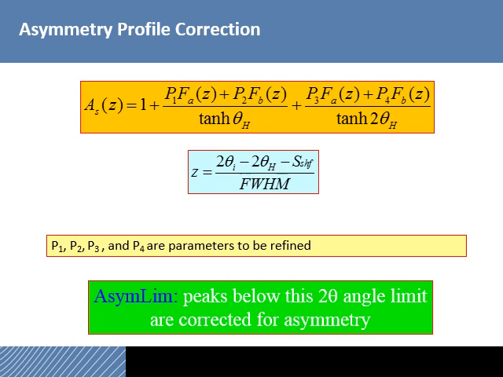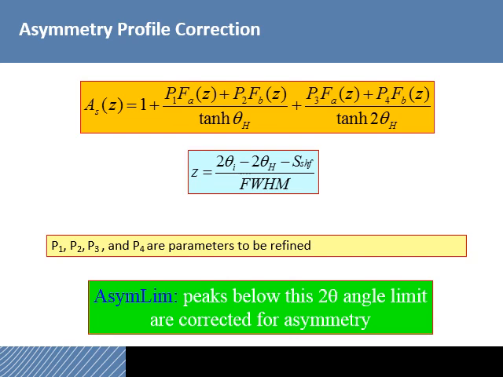I think we've previously shown that a diffraction pattern is a slice of the Debye rings. And when you're at very low 2 theta values, those Debye rings have a very, very small radius. And so when they pass through the slit, you get a substantial change in the intensity of the peak as that radius passes through the slit.